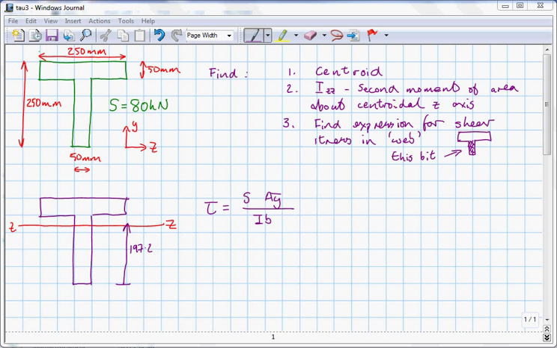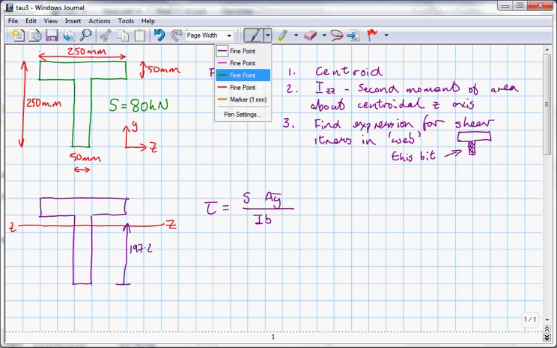The key thing to calculating shear stress is to draw a line along the section which is perpendicular to the direction in which the shear stress is acting, and along which shear stress is equal. So for example, a line across here, the shear stress everywhere along that line is equal.